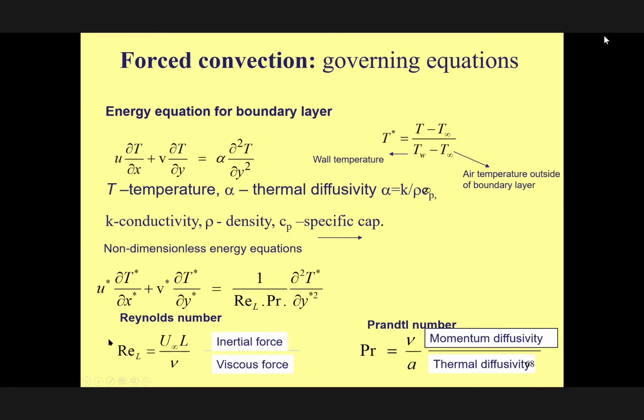Just for your information, the Reynolds number represents the ratio of inertial force to viscous force. We mentioned this one last lecture. And the Prandtl number shows the ratio of momentum diffusion to thermal diffusion.